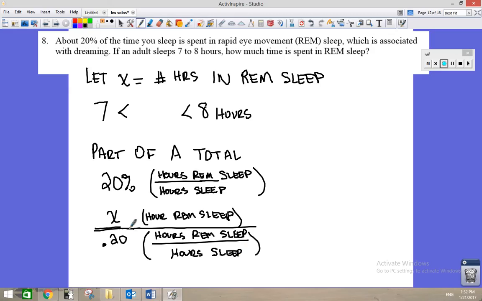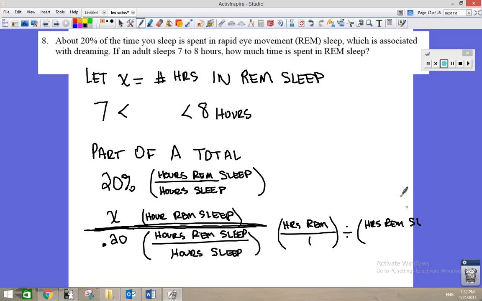What this fraction bar means is division. So what we really have here is this numerator, hours of REM sleep, which I just made over 1, divided by this denominator, hours of REM sleep, we'll just call it REM for REM sleep, divided by this total number of hours that you sleep.